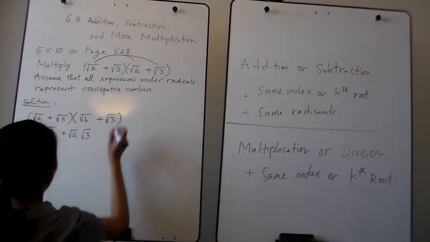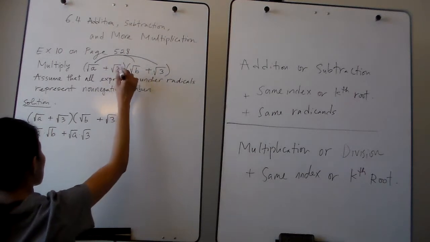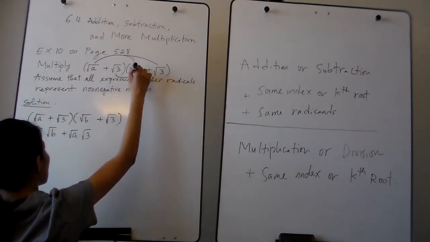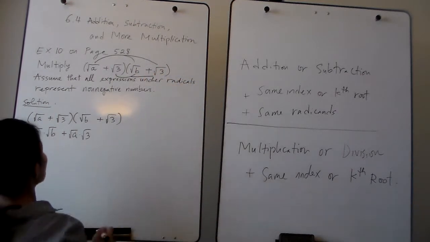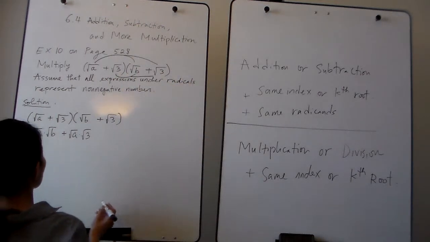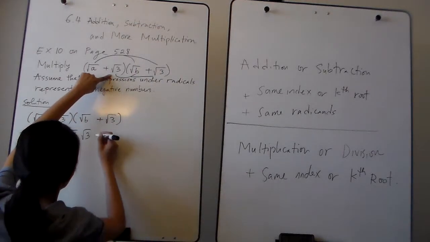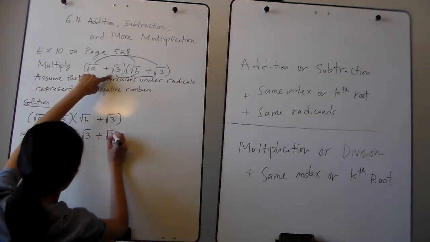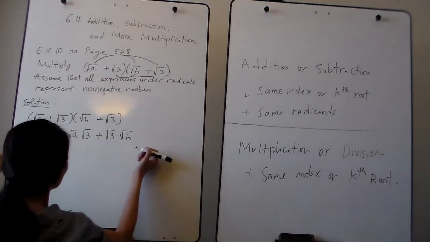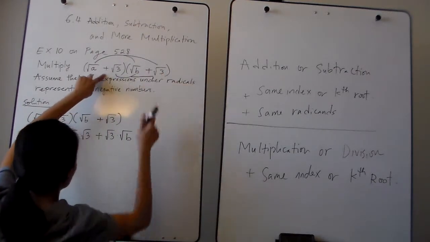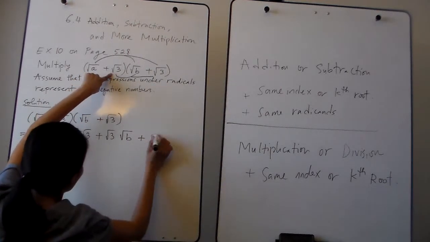And then I would take the second term inside the first factor and multiply it by both terms of the second factor. So I would have plus, positive times positive is positive, root 3 times square root of b, plus times plus is plus, square root of 3 times square root of 3.